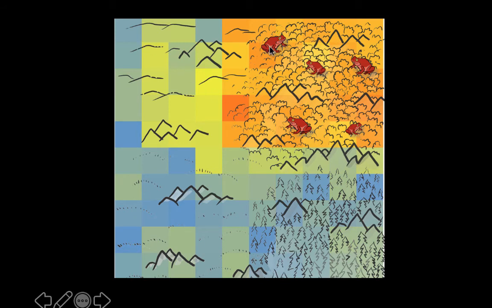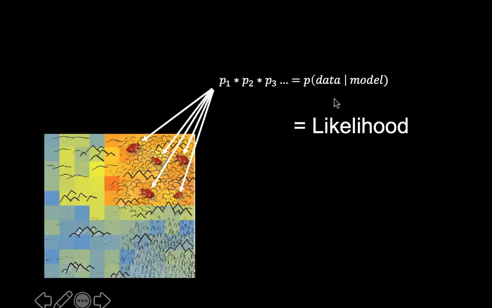And then we extract the probability at everywhere we've observed our species, and we can multiply those together to get the joint probability of observing our data given this species distribution model or niche model. And that probability of our data given our model is proportional to our likelihood. Likelihood is just that times a constant. So this is how we calculate likelihood.